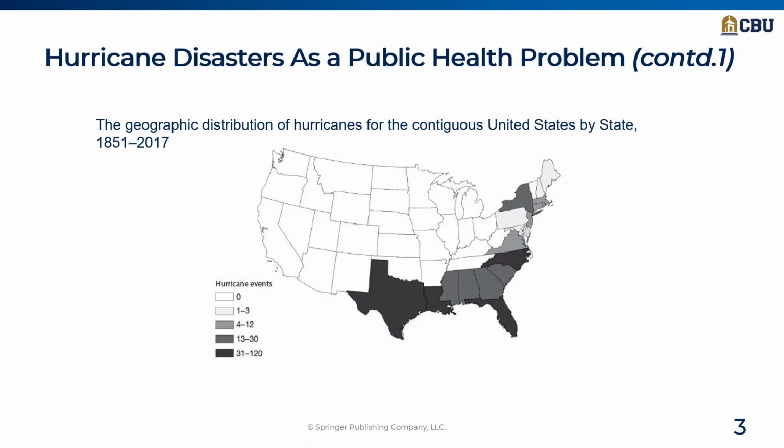So this image here is showing us the past 150 plus years of hurricanes and where they've hit in the United States. Obviously, as we discussed in the last slide, most of these have affected the southeastern U.S., Texas, Florida, and the Carolinas, and that's where we continue to focus our efforts for hurricane preparation.